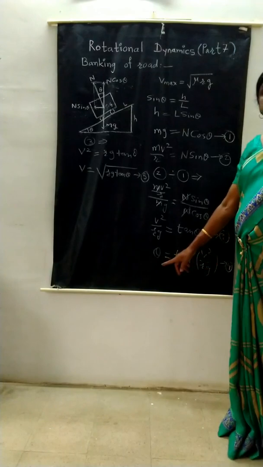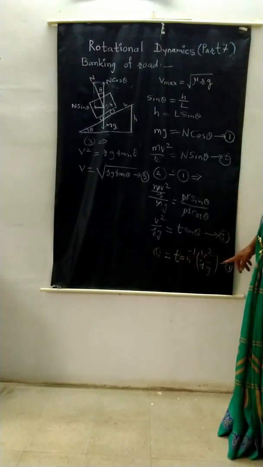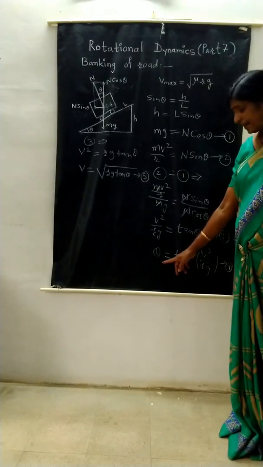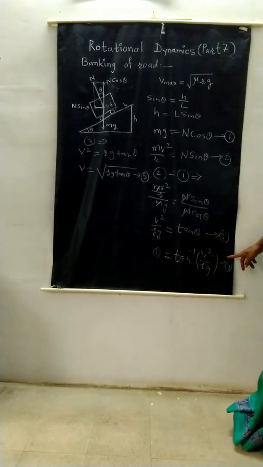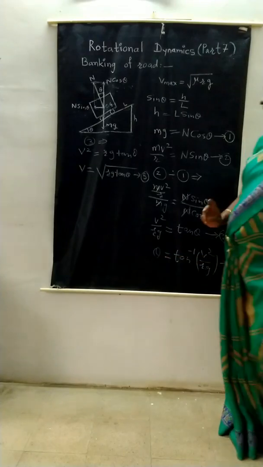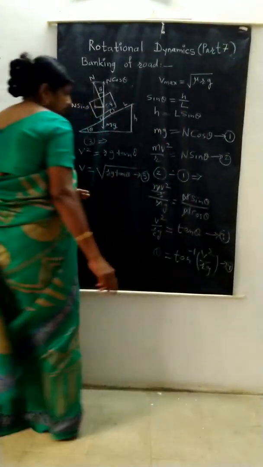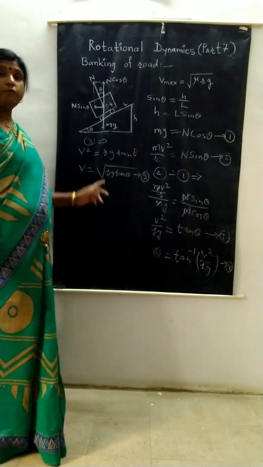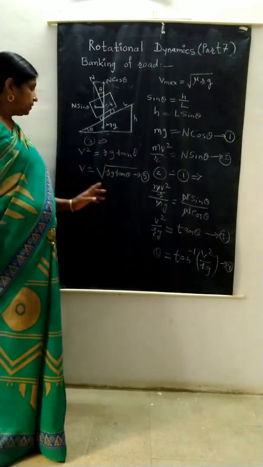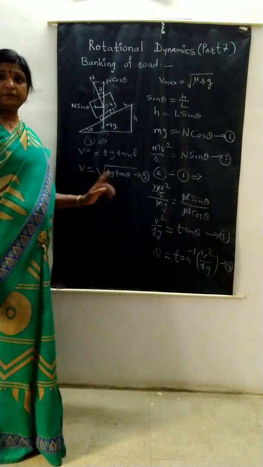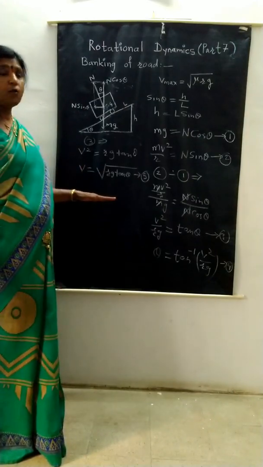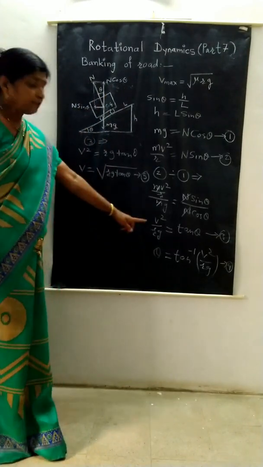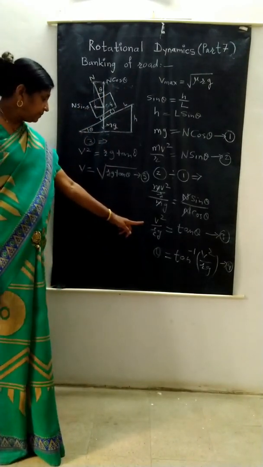Whenever engineers construct a bank road, in order to find the angle of banking, this equation will be very helpful. Now what is the speed? Once we have banked the road, then we have to find out the safe speed with which the vehicle can be driven on this bank road. For that again we shall use equation number 3.